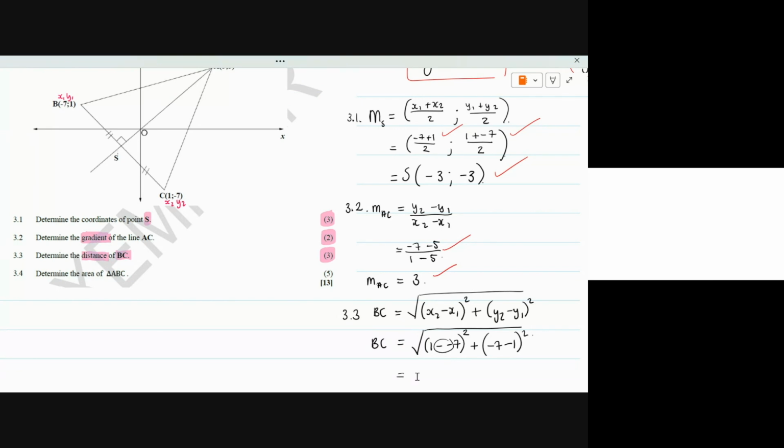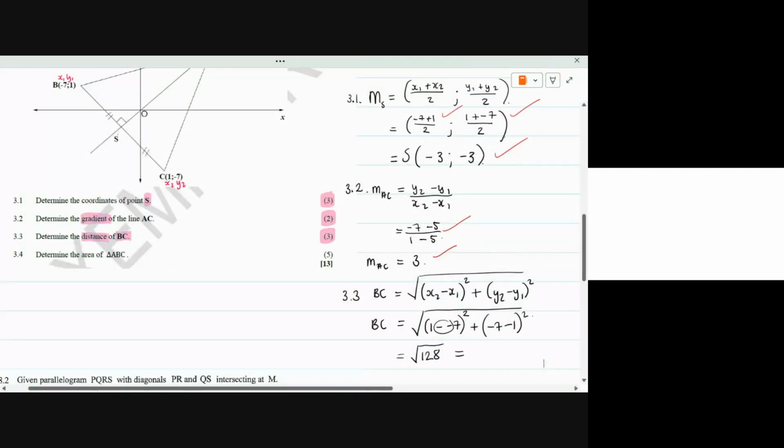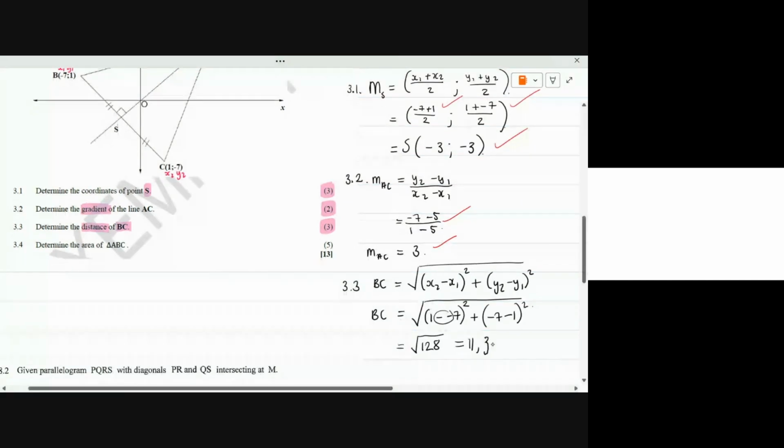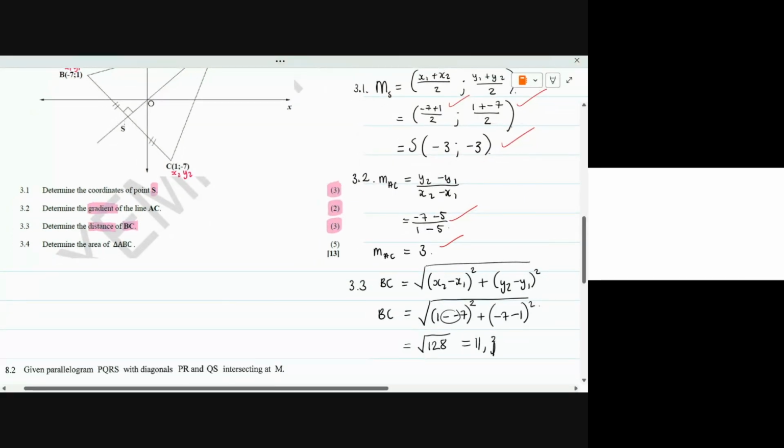That should be my final answer, square root 128. And if I put that into a calculator, I should get something along the lines of 11 point something, because I know that the square root of 121 is 11. So my answer should be 11,31. Beautiful.